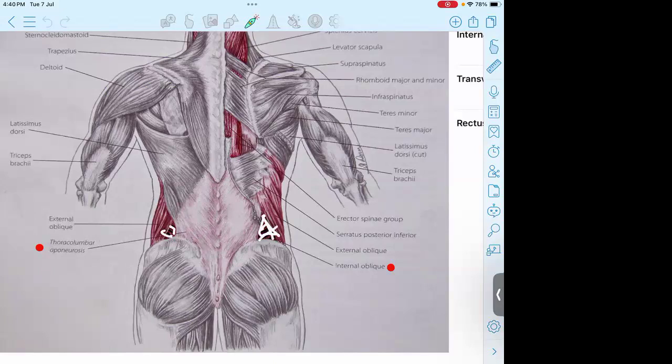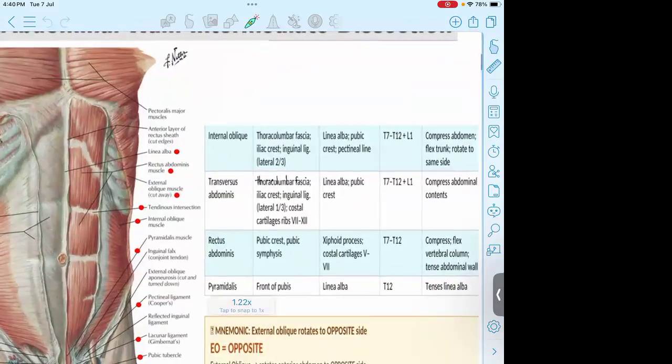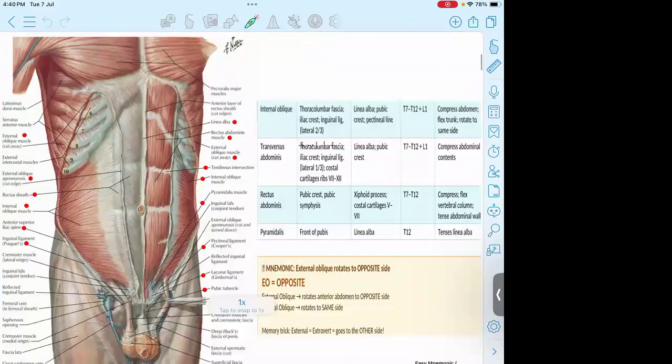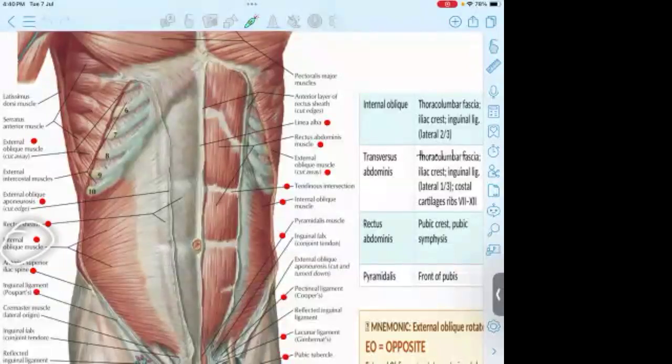From here, the internal oblique muscle originates. So come to this image. First of all, we have already studied the external oblique muscle. Then come to the internal oblique. See its fiber direction like this.